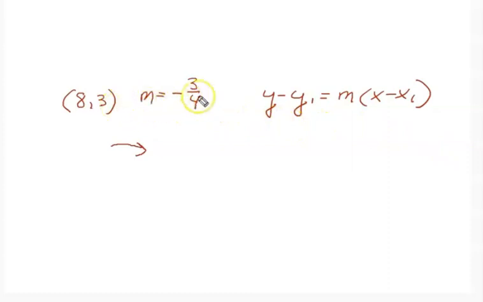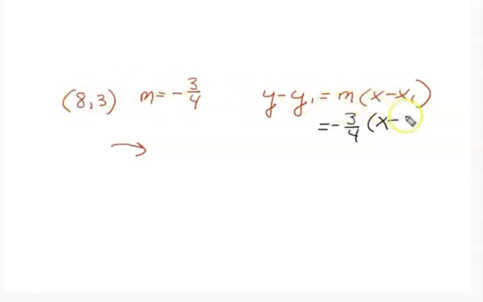So we have the slope, which is negative 3/4, putting our slope right there, substituting for that m. Now we have an x, and our first point here, our x-coordinate, and there's a negative in the formula, that negative there.